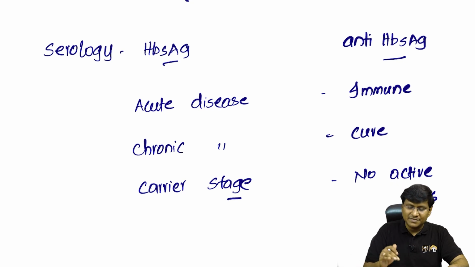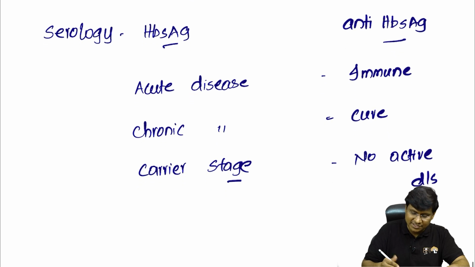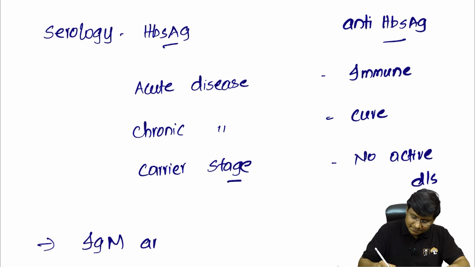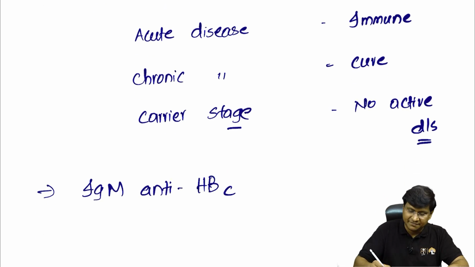Then apart from HBsAg and anti-HBsAg, another important serological marker is IgM anti-HBc. If it is present, it is suggestive of acute viral hepatitis.